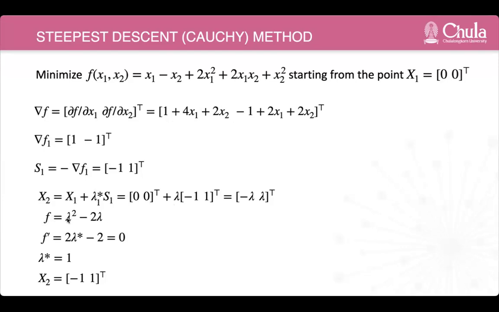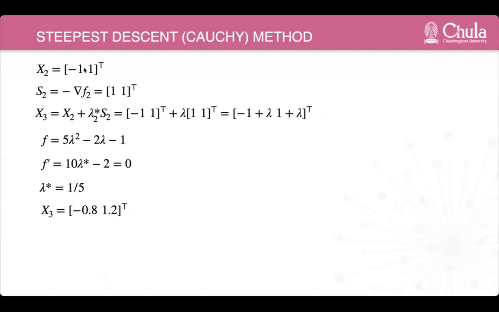Our objective function is now a function of lambda, a single variable. You find the lambda that leads to the minimum of the objective function. So the new point is minus 1, 1. From minus 1, 1, you find the new direction and find S again. Repeat until the solution converges.